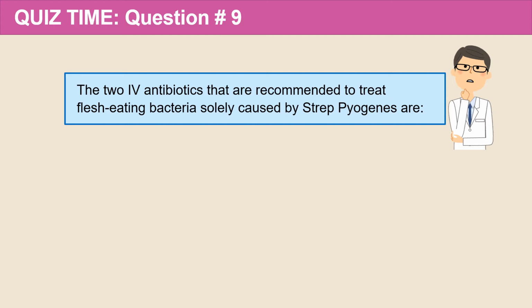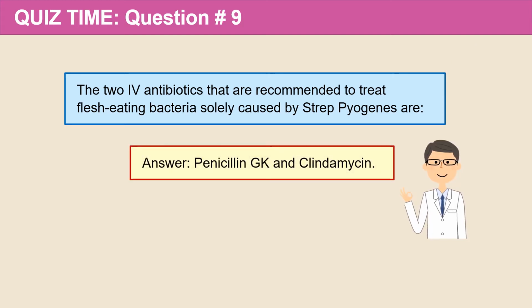The 2 IV antibiotics that are recommended to treat flesh-eating bacteria that's solely caused by Strep pyogenes are... the answer is penicillin GK and clindamycin combination.